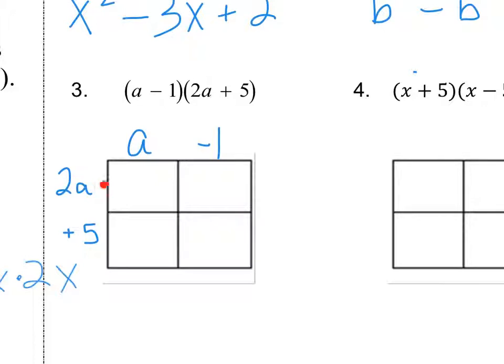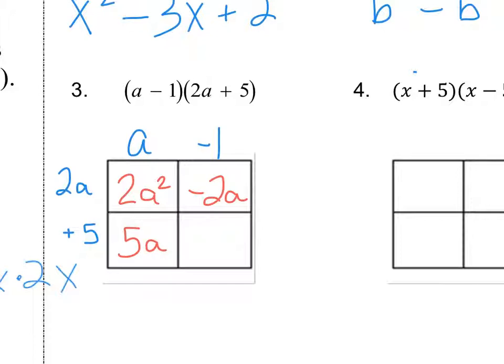So I'm going to start here, the first box. 2a times a would be 2a squared. Okay, my second box right here is going to be 2a times negative 1 is negative 2a. My third box right here is going to be 5 times a, which is 5a.